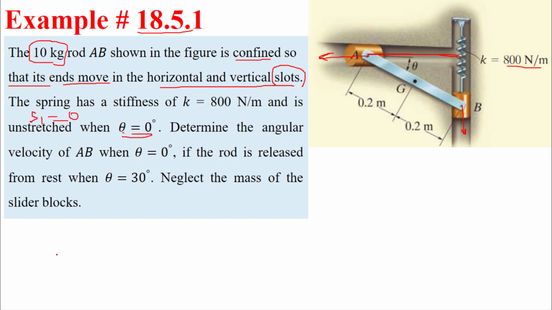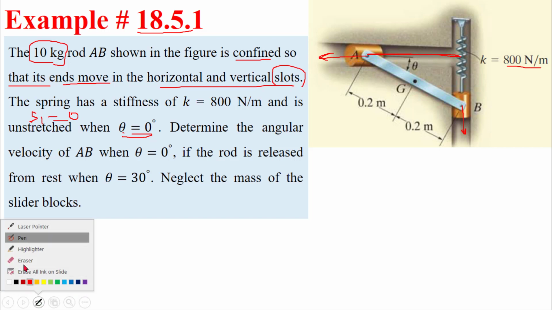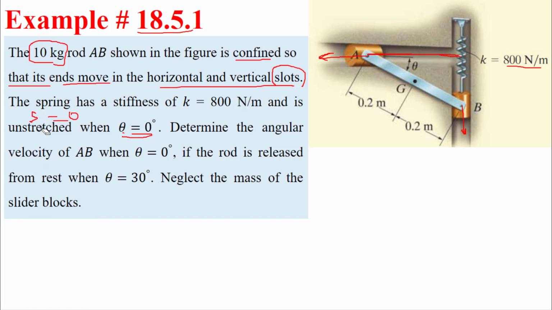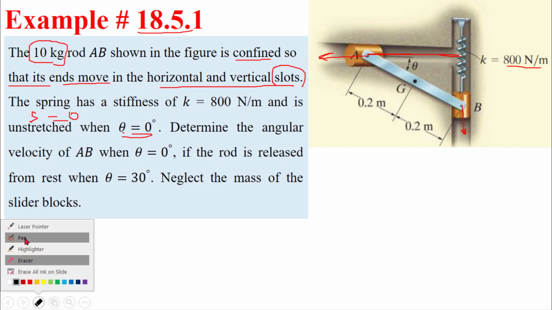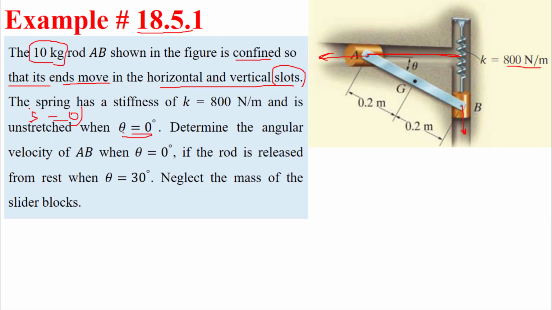I will not name it S1 yet; I will wait until the end. I will name it like this, and later on I'll decide whether it's state 1 or state 2.